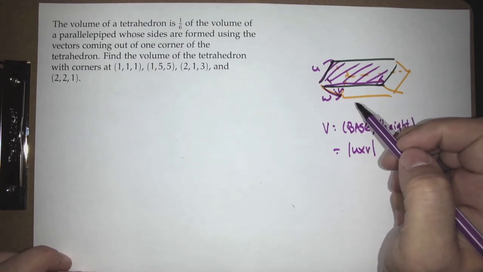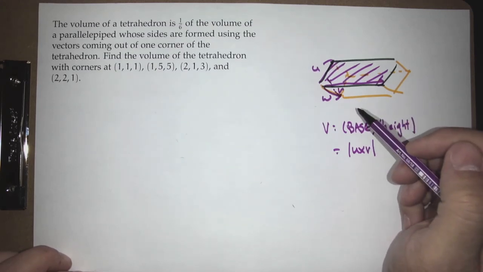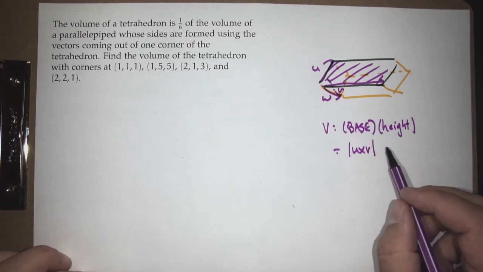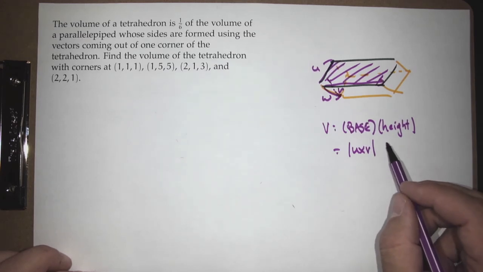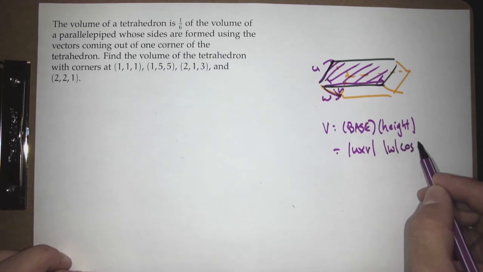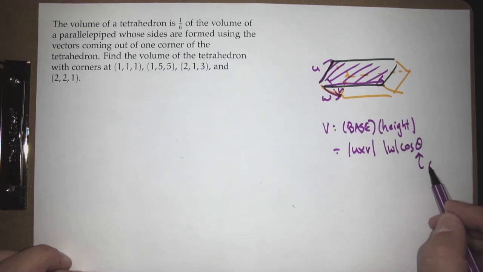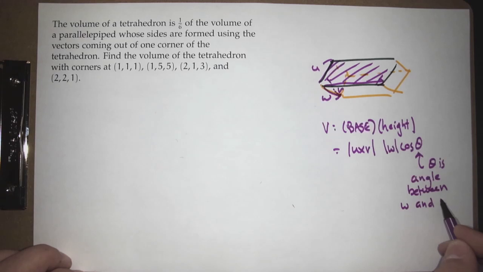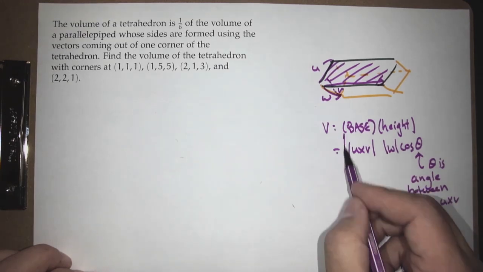Now, it's a little bit subtle, but the punchline is that it's U cross V. The height is the magnitude of W cosine theta, where theta is the angle between W and U cross V. And then you take the absolute value of that.